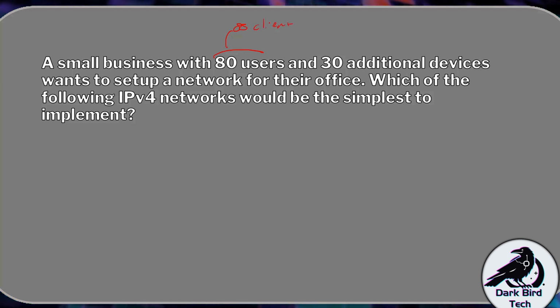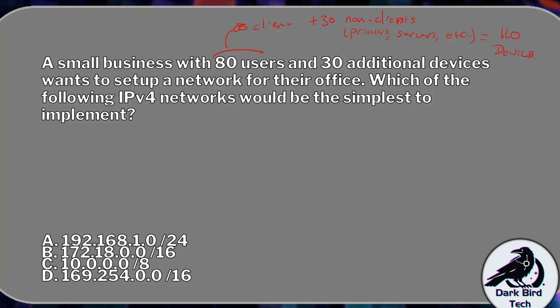They didn't specify whether they're going to have laptops and phones or anything like that, so let's just go with 80 client devices. And then they're saying, and 30 additional devices, 30 non-clients, whether those be printers or servers or whatever. So we're looking at 110 devices in total.